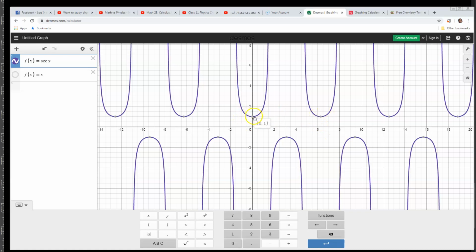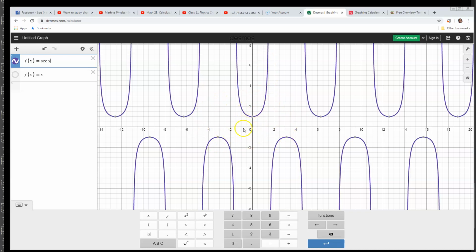The output of the function is the same for all of these points, as 0, as 2 pi, as 4 pi, as 6 pi, and so on and so forth, meaning the function is not one-to-one. So we have to restrict the domain of the function to some values so that the function becomes one-to-one. And then once the function is one-to-one, we can define the inverse of the function.